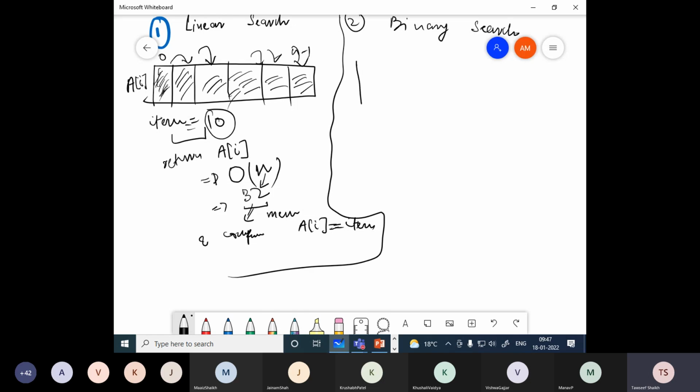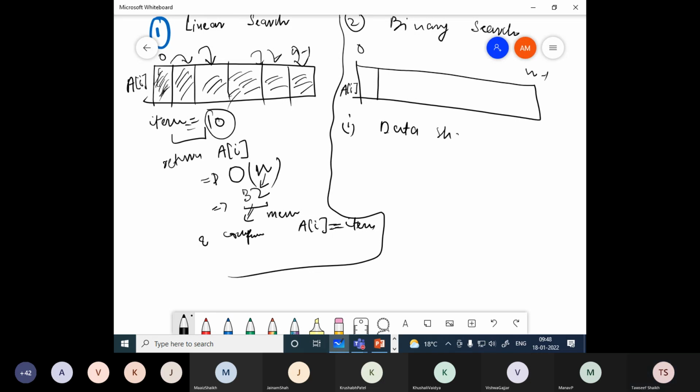Yes. Now there is another way of doing it, that is the binary search. In binary search, again the array is given, which is a of i from 0 to n minus 1. The important condition in binary search is that the data should be sorted, either in ascending or in descending order.